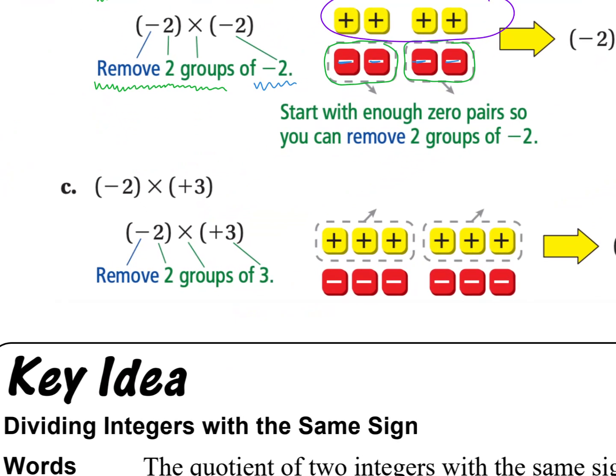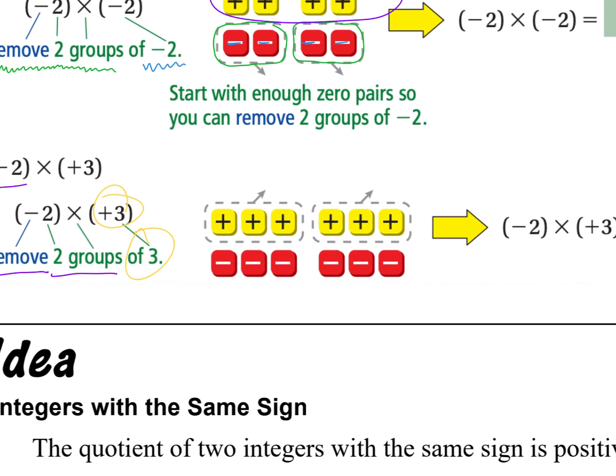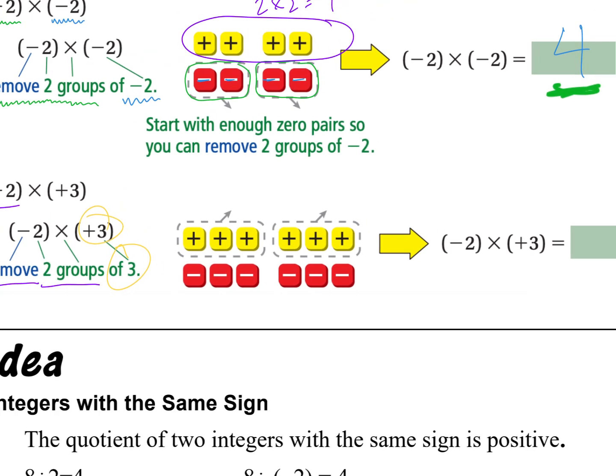Negative 2 times positive 3. I'm going to remove 2 groups of 3. Okay, so now here it is, they have 2 groups of 3.